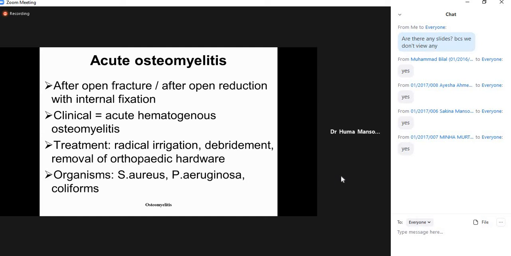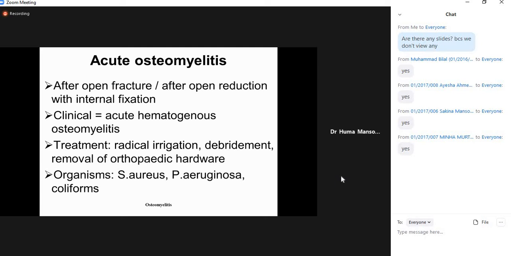The treatment for acute osteomyelitis is radical irrigation and debridement of the sequestrum, and removal of orthopedic hardware, if there is any internal fixation device or any prosthetic joint installed in the joint. You have to remove that. The organism most commonly involved, 90% of the time, is Staphylococcus aureus.